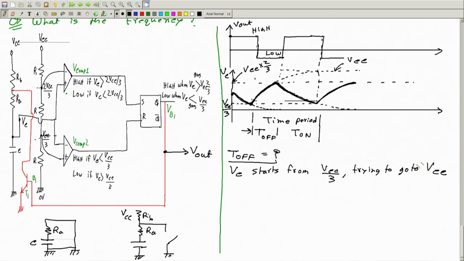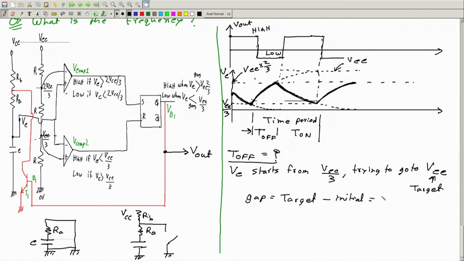So this is the target voltage. This is the initial voltage. Then how far is the destination, the gap between target and initial value, target minus initial.